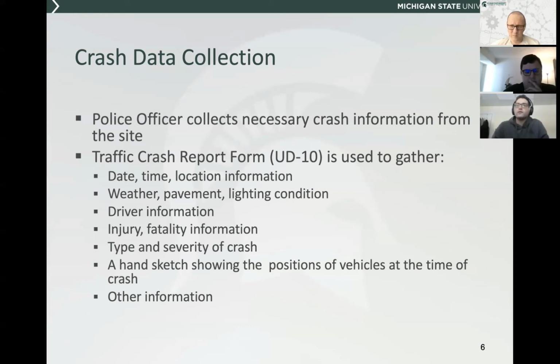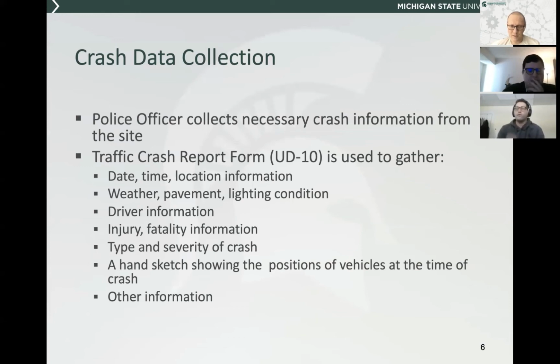But that's an area where it's been somewhat hit or miss, because we used to be able to reliably look at the narratives to get better insights, and also to serve as a quality control measure to check some of the other fields. Because occasionally we'll run into circumstances where the officer doesn't code the crash correctly as it should be based on the manual.